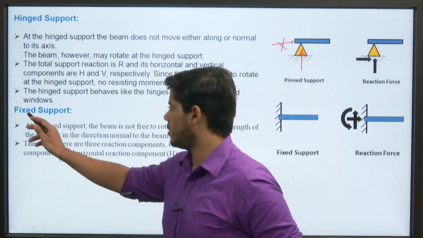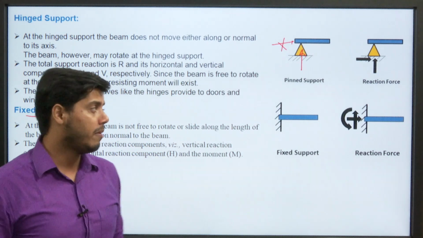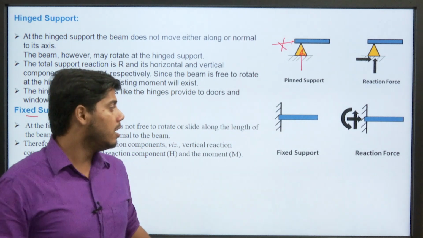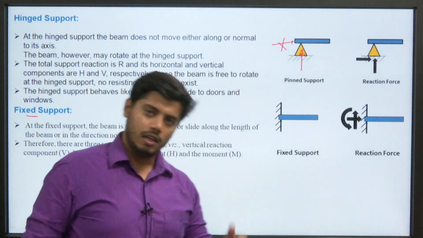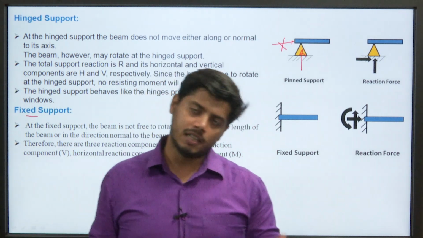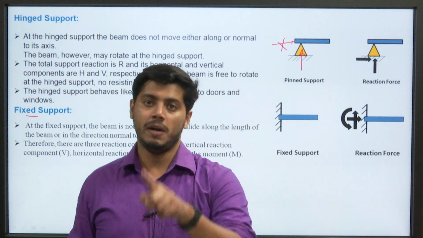The next type of support is fixed support. As the name suggests, what do you mean by fixed support? Fixed support means that there is restriction against every movement. There is restriction along vertical movement, horizontal movement, and bending moment.